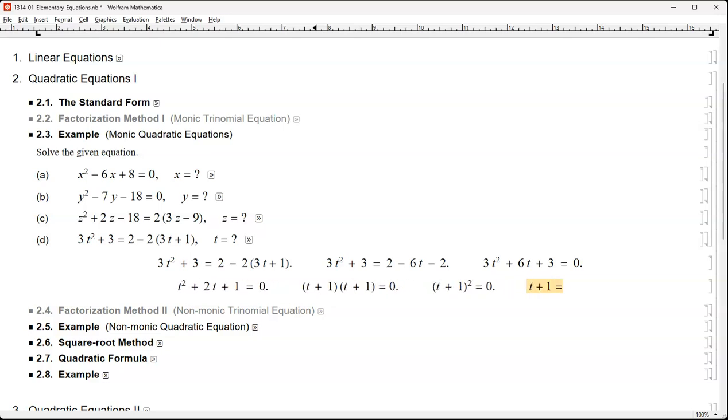T plus 1 is equal to 0, or t is negative 1. So what do you get? We have a double root. So this thing squared is equal to 0. And setting the inside equal to 0, we get a double root.